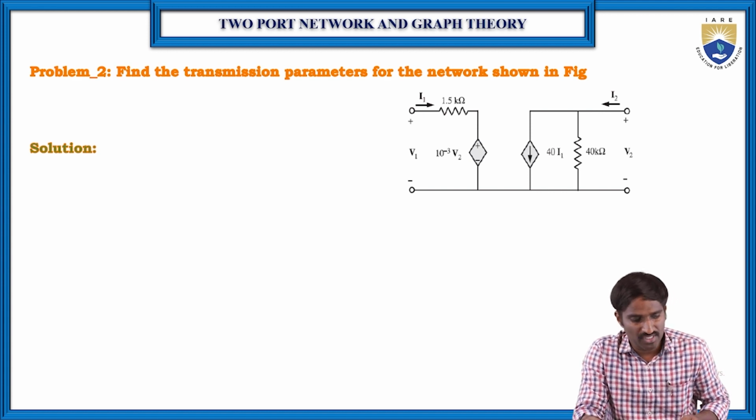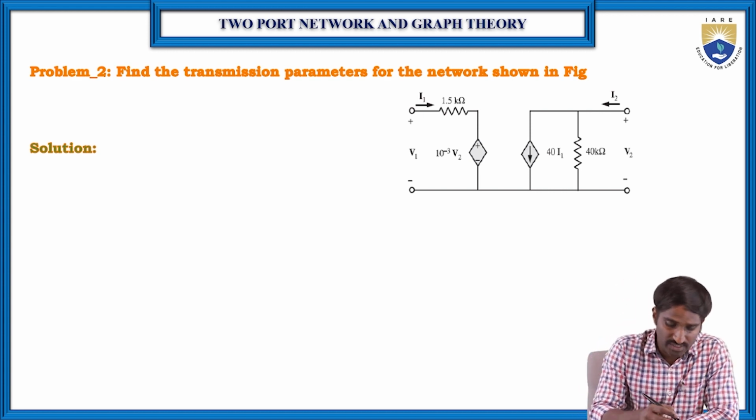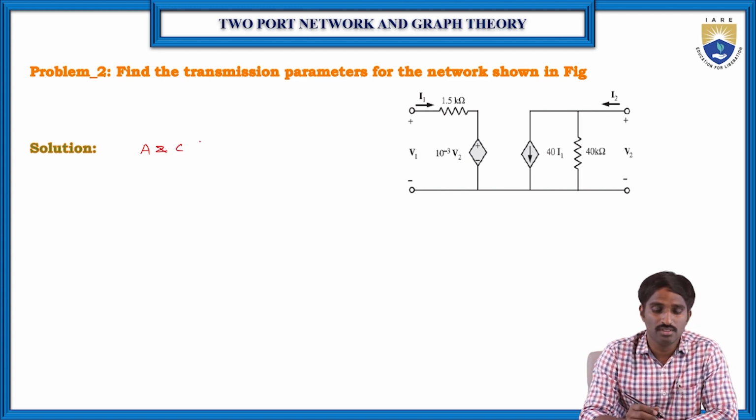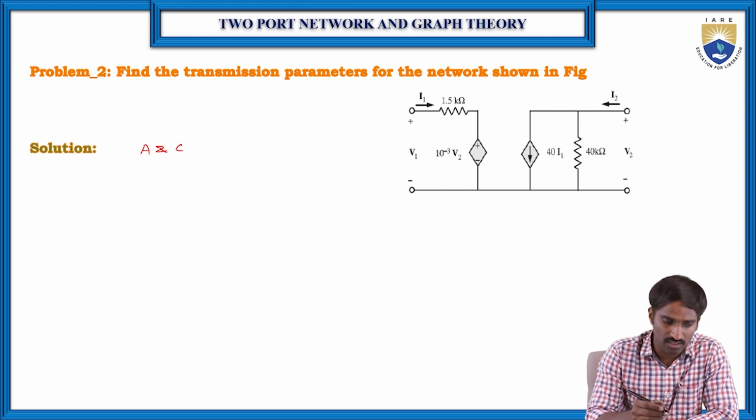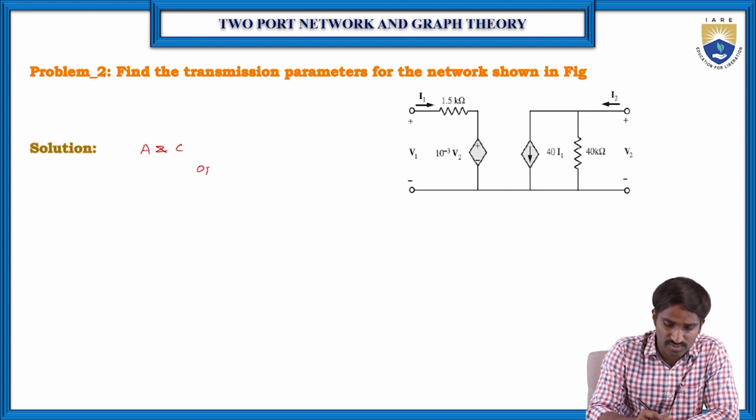So first let us find the parameters A and C. To find A and C, we have to open the output port, which is output port 2.